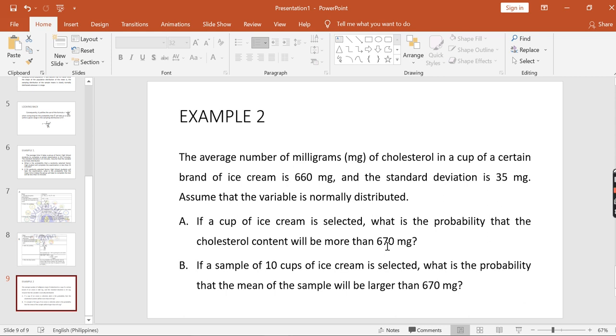If a cup of ice cream is selected for letter A, what is the probability that the cholesterol content will be more than 670 milligrams? Now, let's say we choose 10 cups of ice cream. What do you think is the probability that the mean of the sample will be larger than 670? This is exactly the same as the previous example.